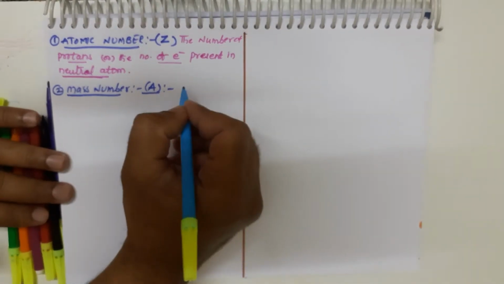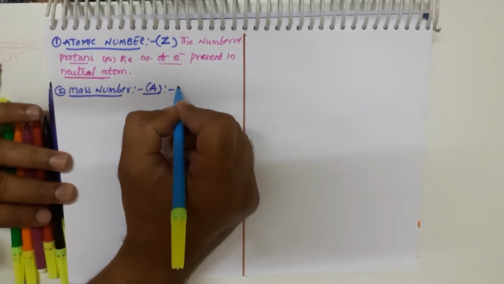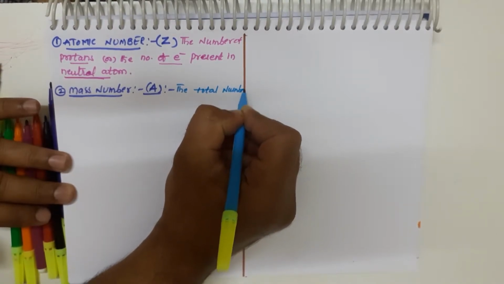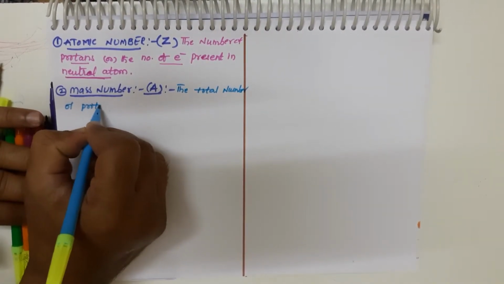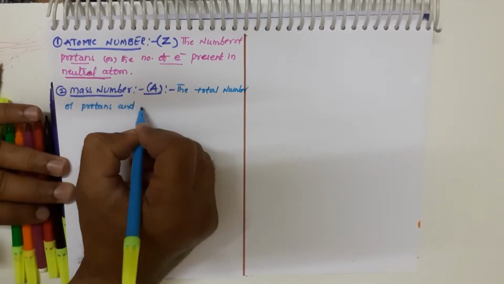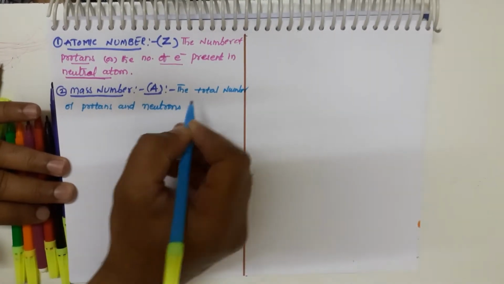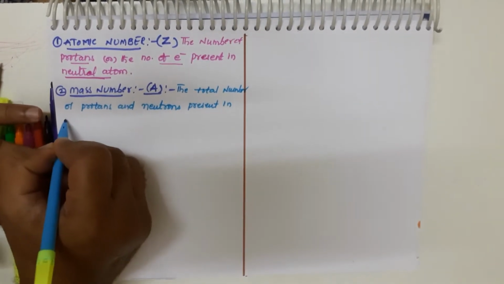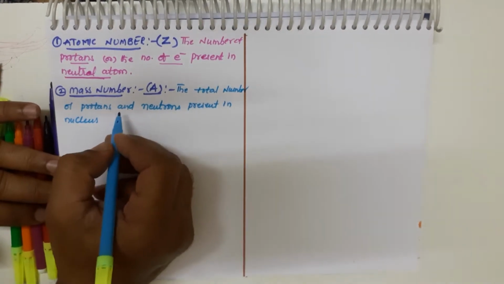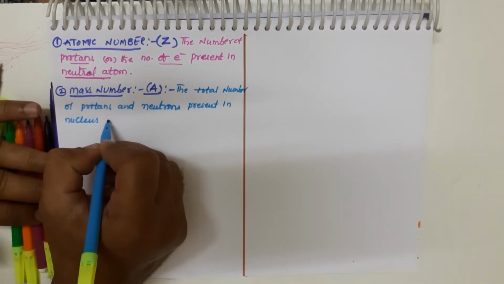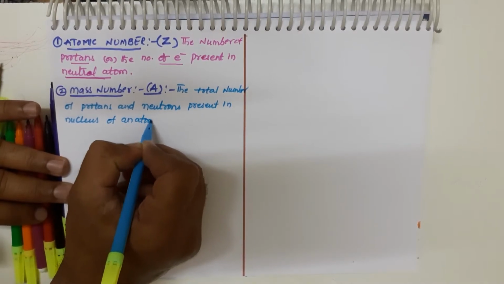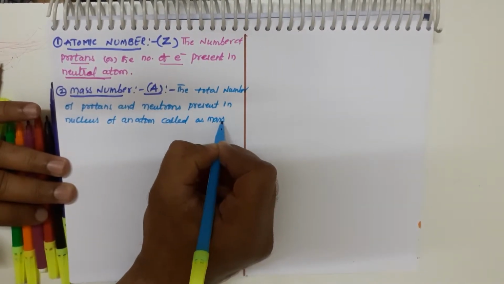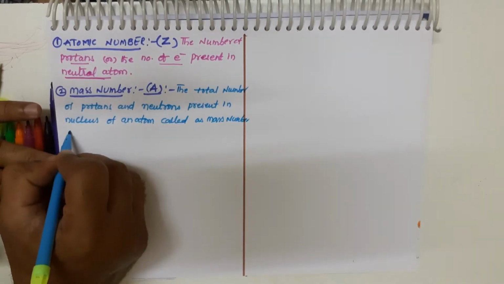The mass number is the total number of protons and neutrons present in the nucleus of an atom, called mass number, denoted as A.